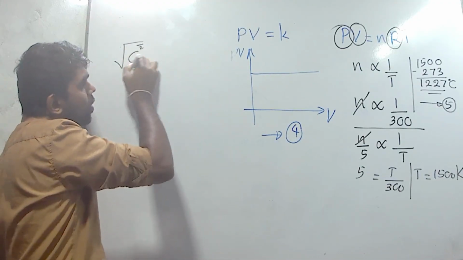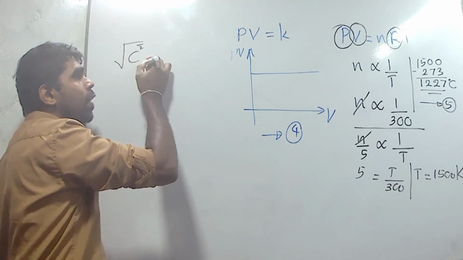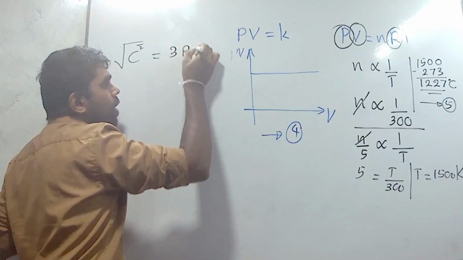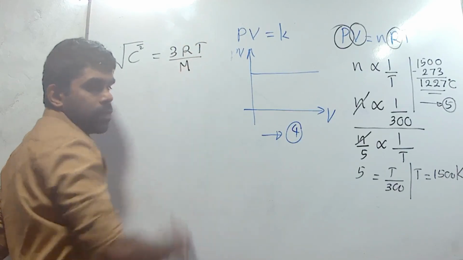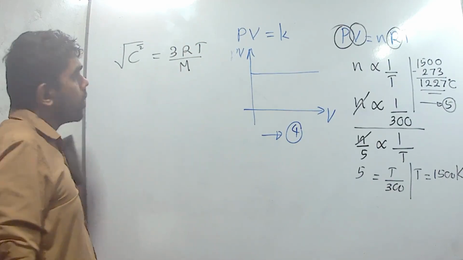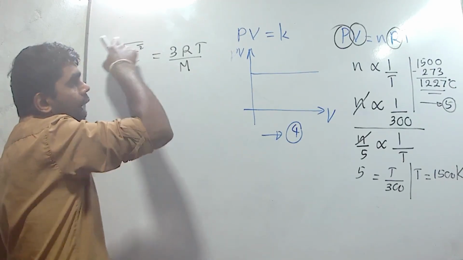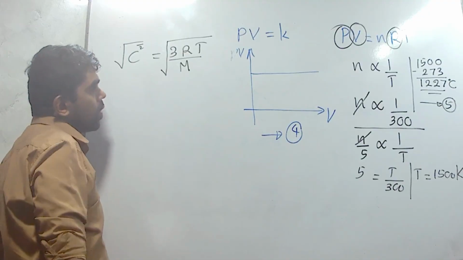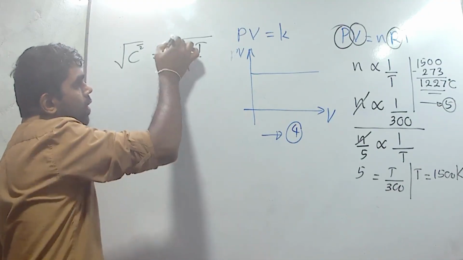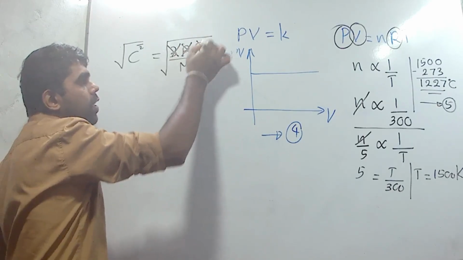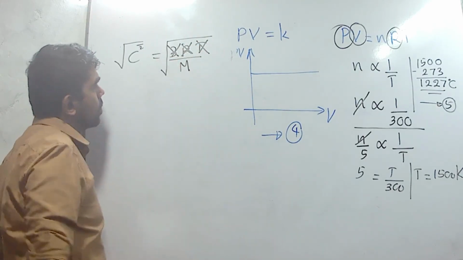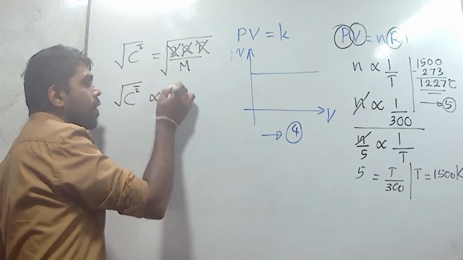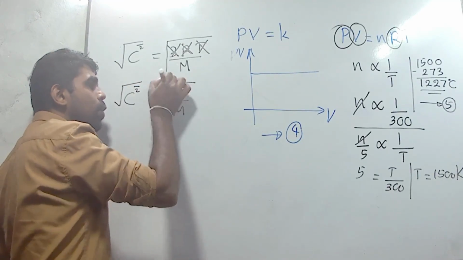We know that mean squared velocity, it means C square bar, is 3RT over M. Therefore, square root of this value should be equal to square root of this value. Then these physical quantities are constant: 3, R and T. Therefore, square root of C square bar is inversely proportional to square root of molar mass.